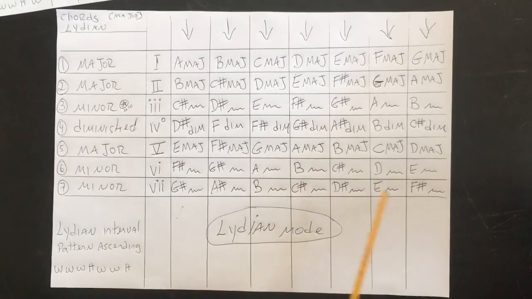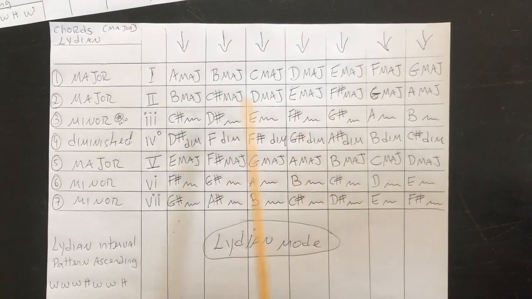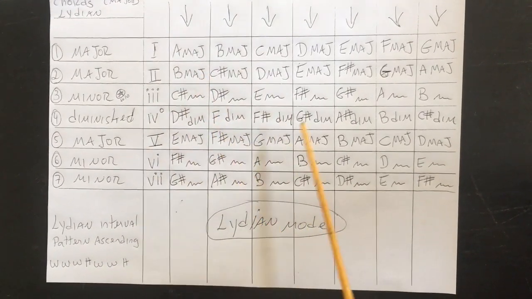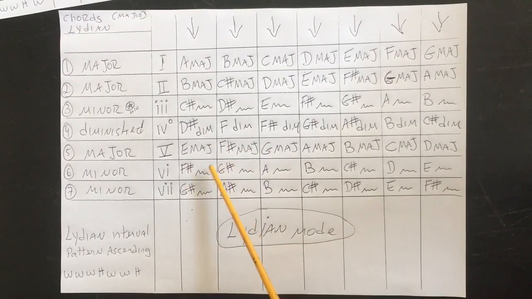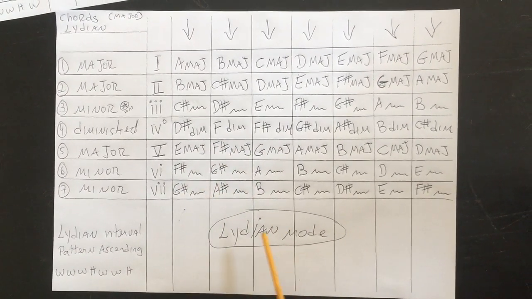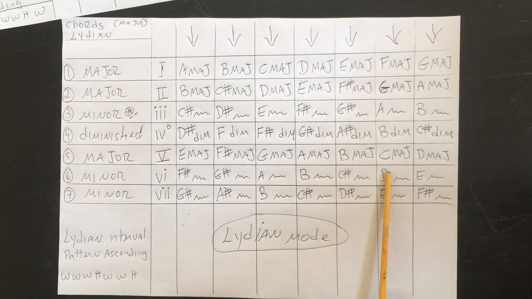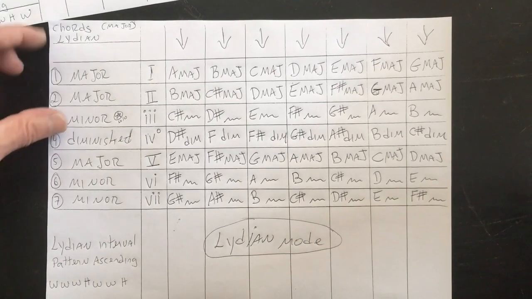And so as an example, in A Lydian, here's your 7 chords: A major, B major, C sharp minor, D sharp diminished, E major, F sharp minor, G sharp minor. And here are all the other keys represented for you in the Lydian mode. This is the Lydian mode, okay?